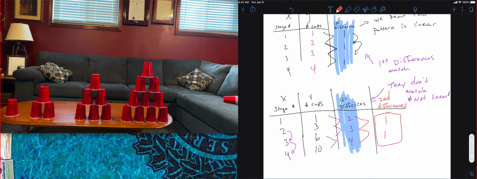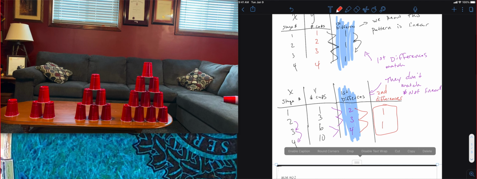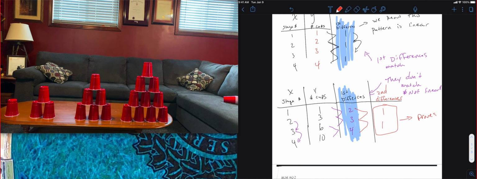What it means is that it doesn't behave in a linear way, but it does behave in a different way that we can actually model and map, right? This, as an introduction, proves, at the very least, that this pattern is quadratic. Okay?